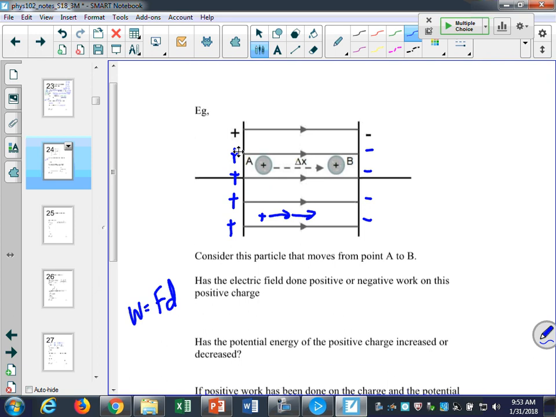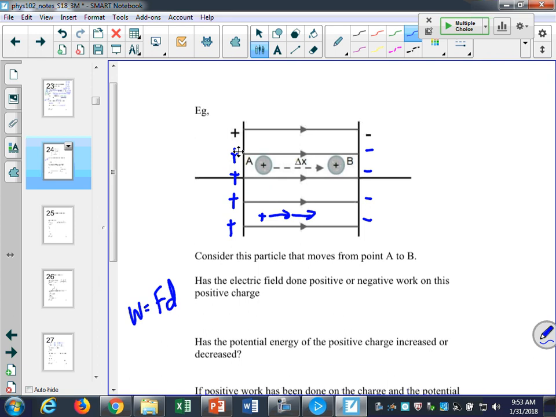But if the force and the displacement are in opposite directions, positive or negative work? Negative work. So in this case, as this object is moving from left to right, is it doing positive or negative work on this positive charge? It's doing positive work because the force is to the right and the displacement is also to the right.